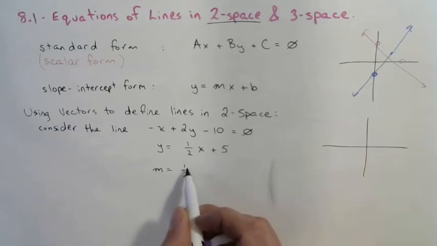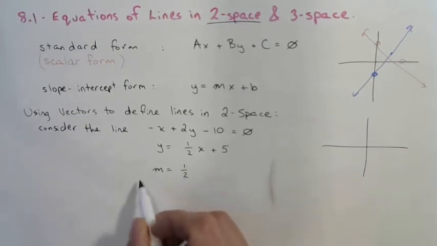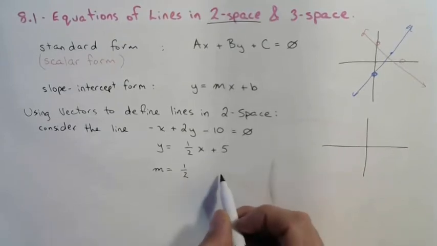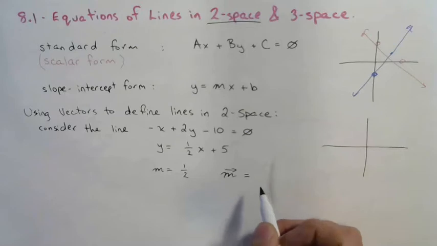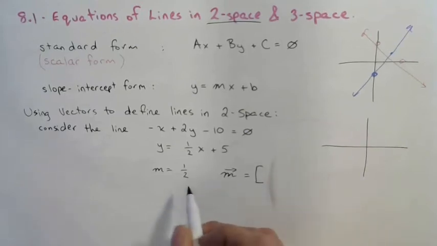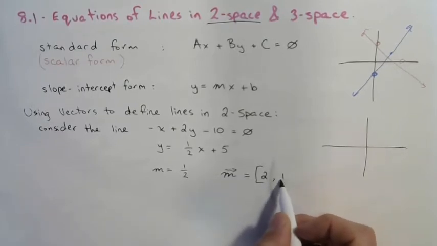Well, that's, remember, rise over run. So it's kind of like a change in y over the change in x. So if I wanted to represent this slope as a vector, and that would be my direction vector, I would say that as we have an x change of 2, we're going to have a y change of 1.